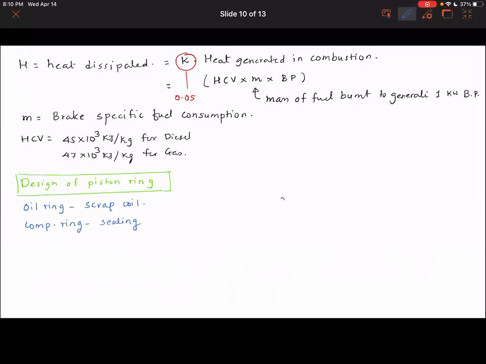So compression rings are usually made with a rectangular cross section, and the diameter is slightly over the piston bore diameter. And as we discussed in the last class, there is a cut.